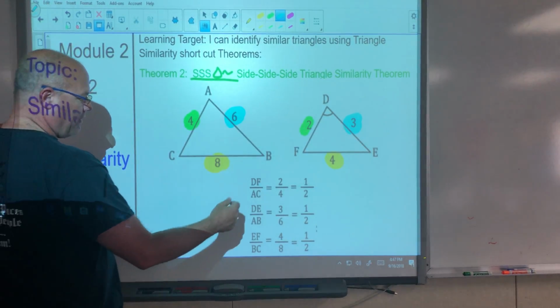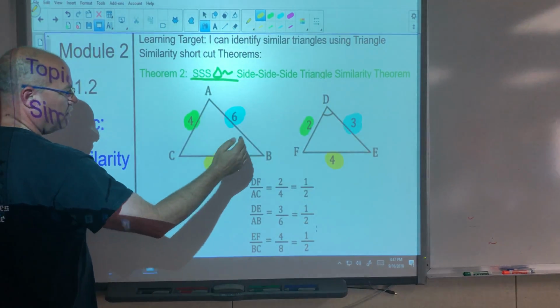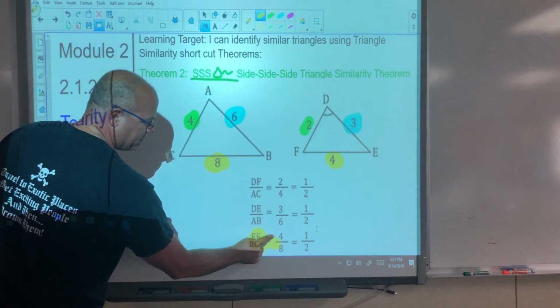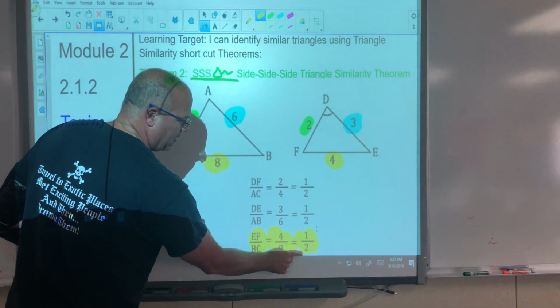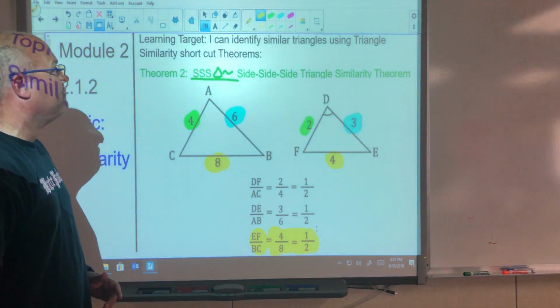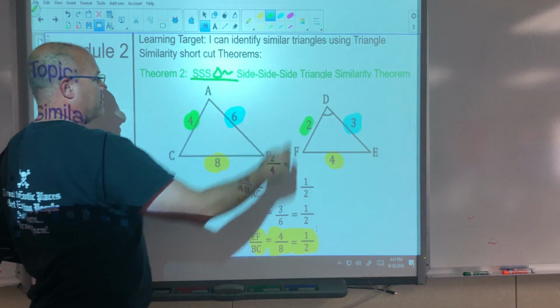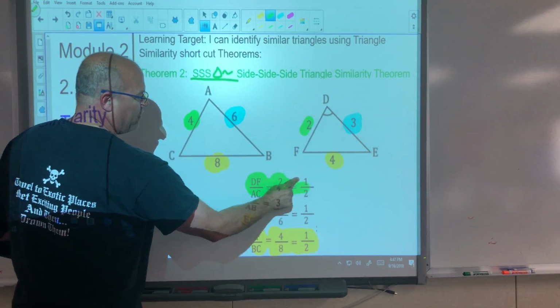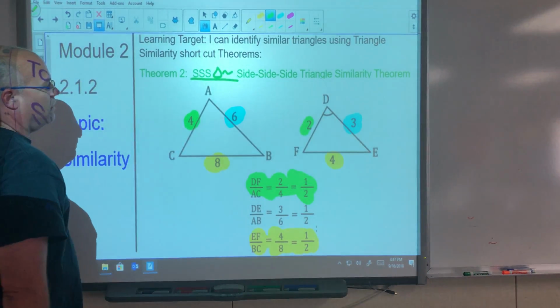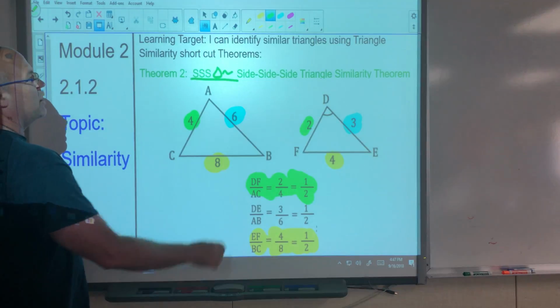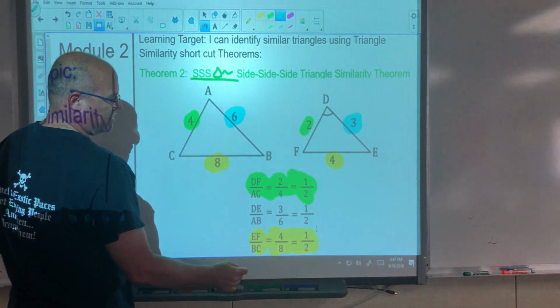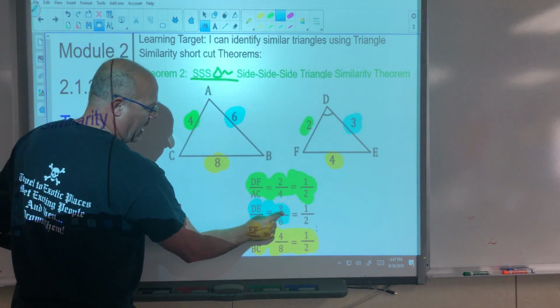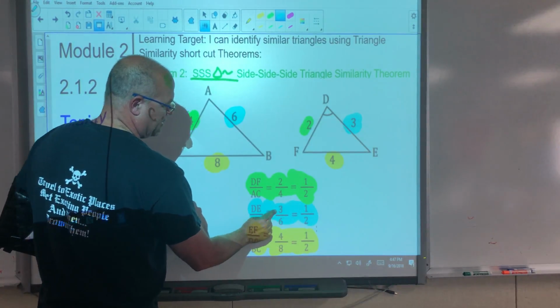So if I look at 4 over 8, that was this one right here, it gives us 1/2, or if you use your calculator, 0.5. I look at the 2 over 4, that gives us 1/2, or 0.5. And then I look at the 3 over 6. 3 over 6 is 1/2, or 0.5 as a decimal.